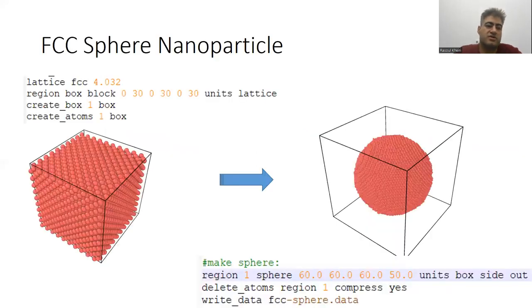At first we build a cubic FCC lattice from aluminum atoms. Then we remove particles from a spherical region to have a spherical particle and gather the data for the spherical particle.